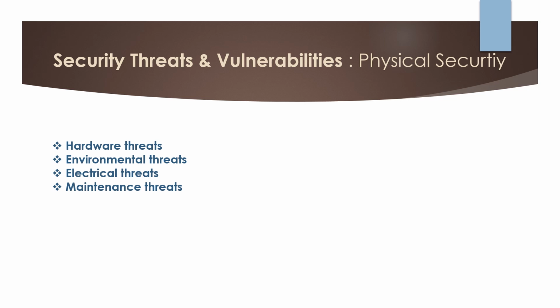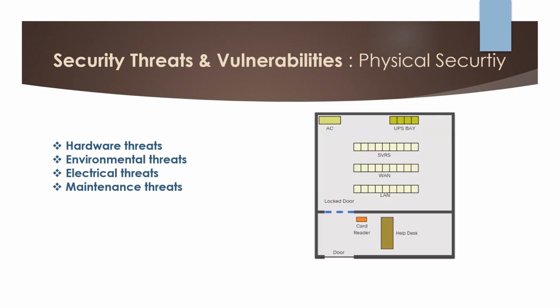A good plan for physical security must be created and implemented to address this issue. Here is a figure that shows an example of a physical security plan, which means that you have to secure the computer room and implement physical security to limit damage to the equipment.